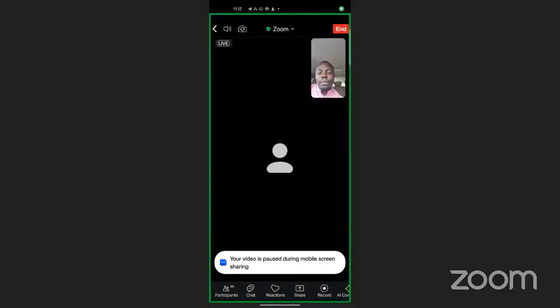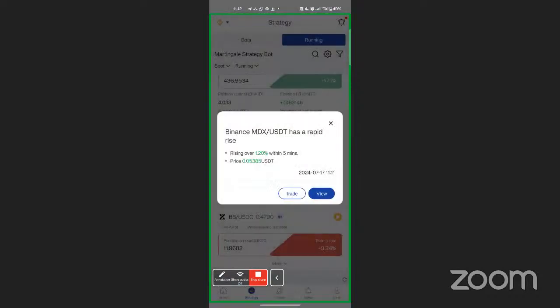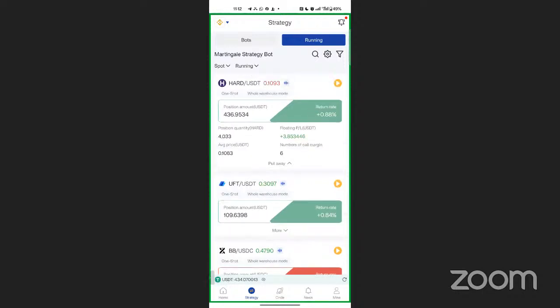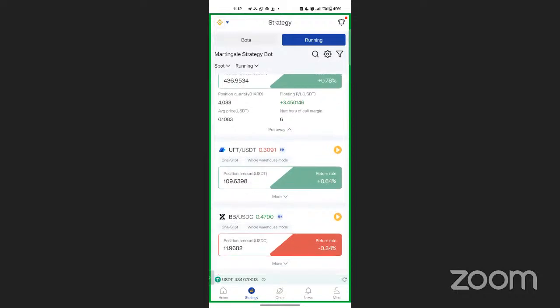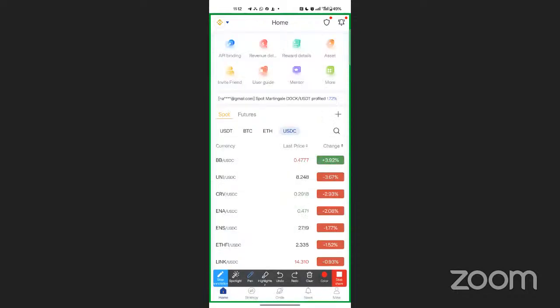Someone says share, let me see. Here is my robot now. This is the USDC market. I just traded it for an example, but I'm okay with the trade.